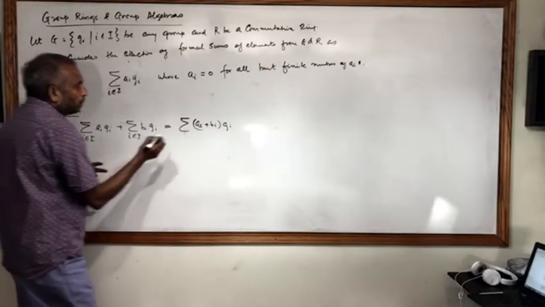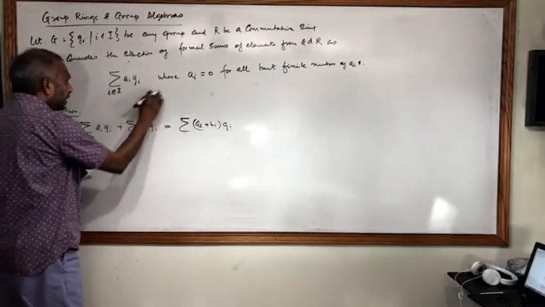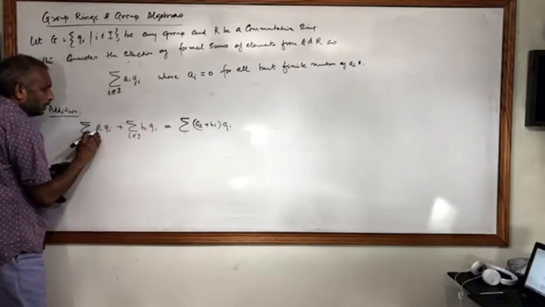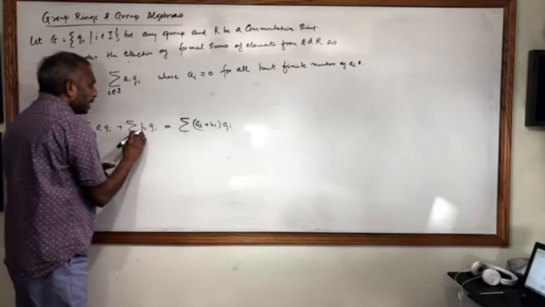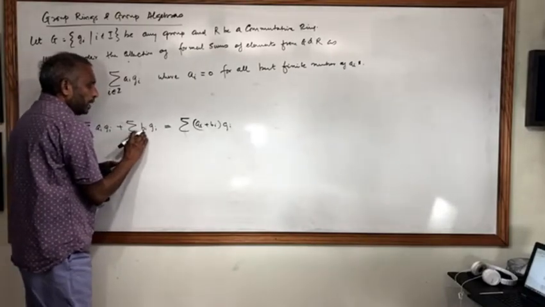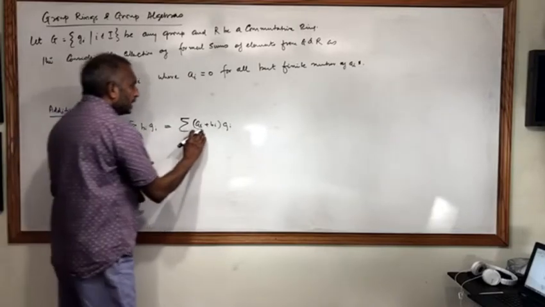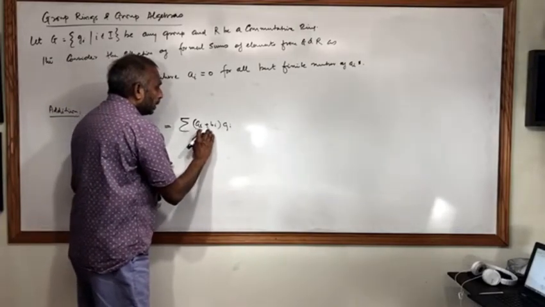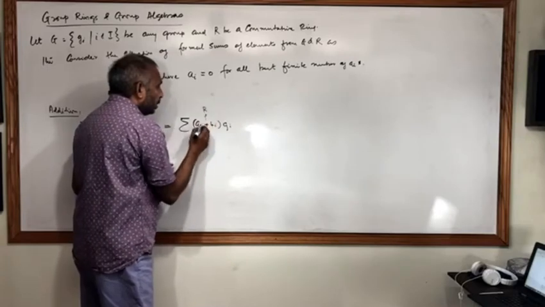To prove that this belongs to the collection is easy, because there are only a finite number of Ai's that are different from zero, and only a finite number of Bi's different from zero.